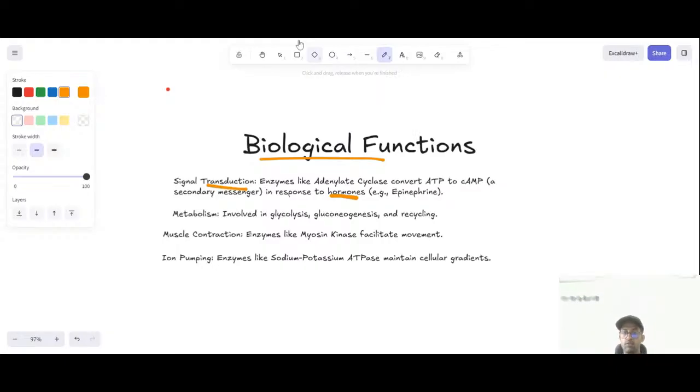The liver is the primary organ that generates glucose from non-carbohydrate sources, such as pyruvate. Pyruvate is a three-carbon compound, but it's not necessarily a carbohydrate.